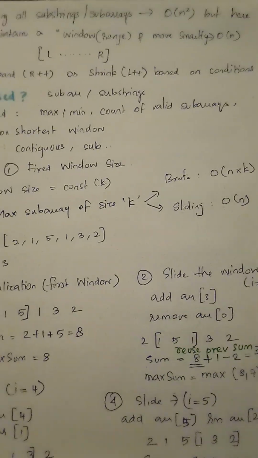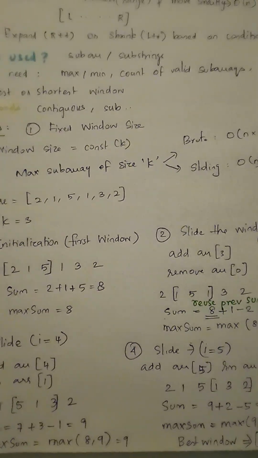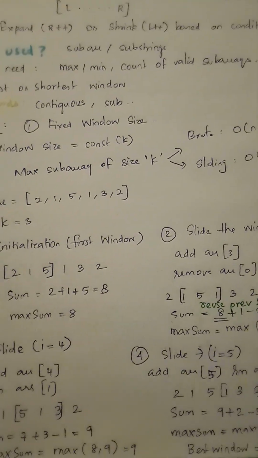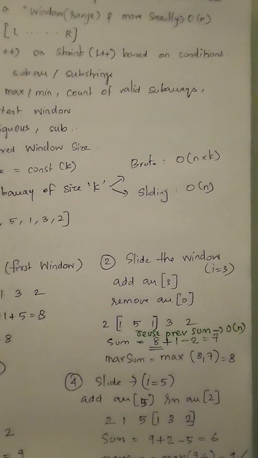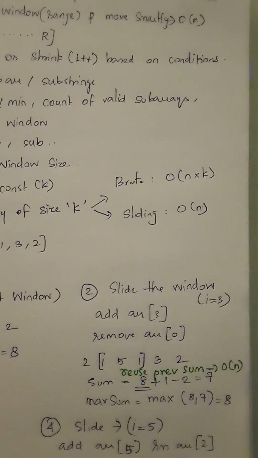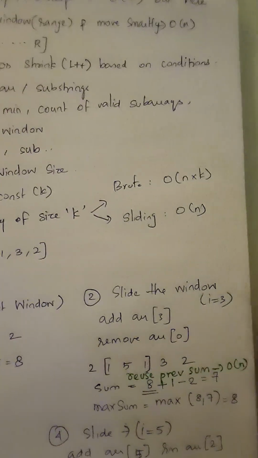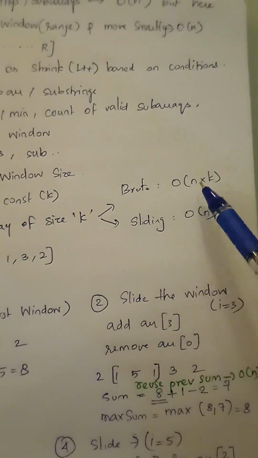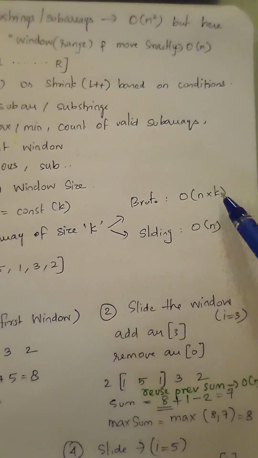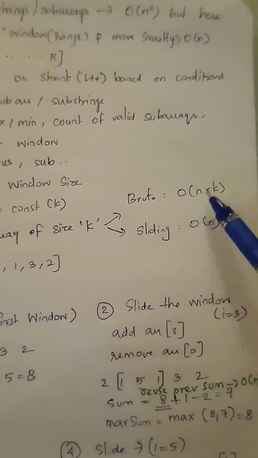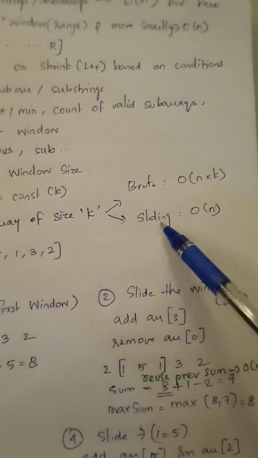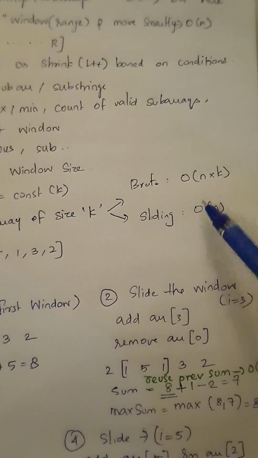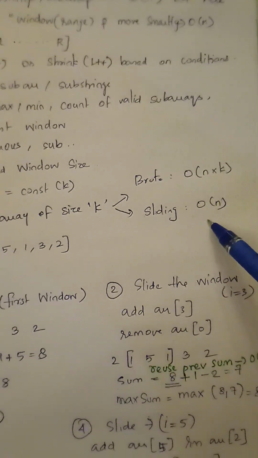We only need to maintain the size of this window at the value of k. If we solve this problem using brute force, we will have the complexity of O of n times k, which is bigger. But using the optimal sliding window pattern, we reduce this complexity to O of n.